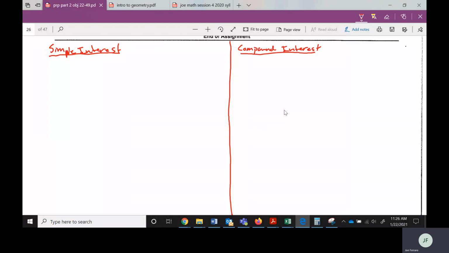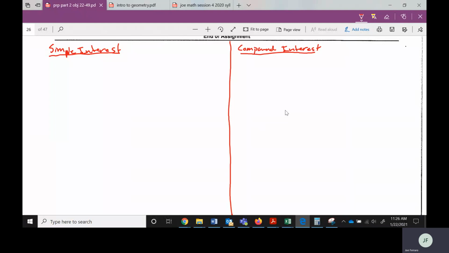But it also is borrowing money. So when you buy a car and have to take out a loan, or credit cards and things like that, there's interest involved.